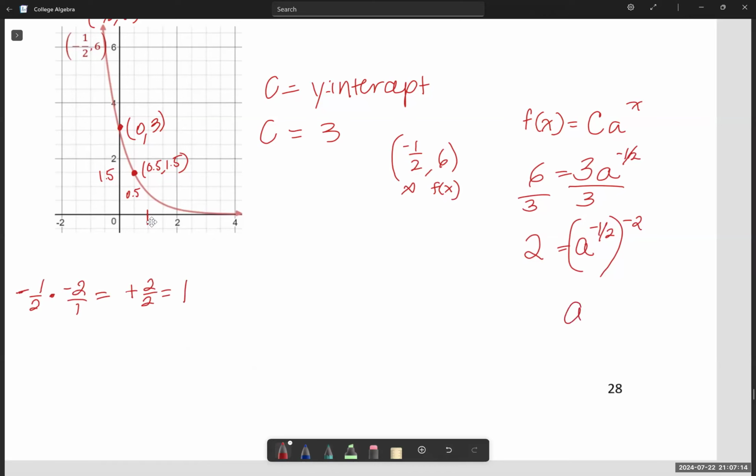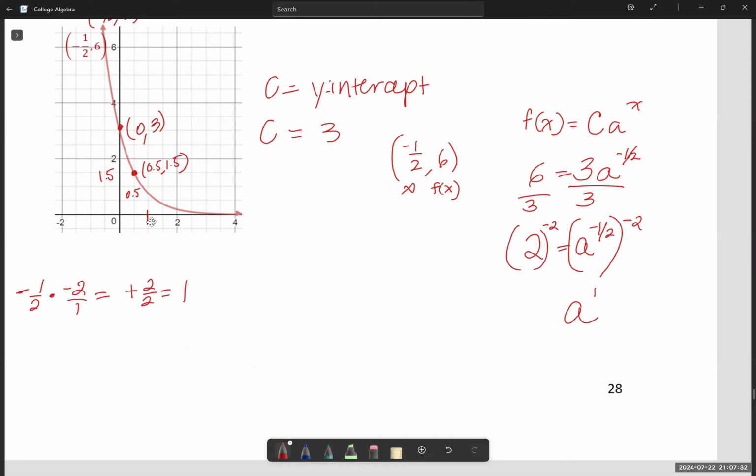We want our exponent to be 1. So it's always the reciprocal and then make it positive. If it's negative, multiply by negative. If it's positive, stay with positive. So keep the sign. And you're going to do that to both sides.